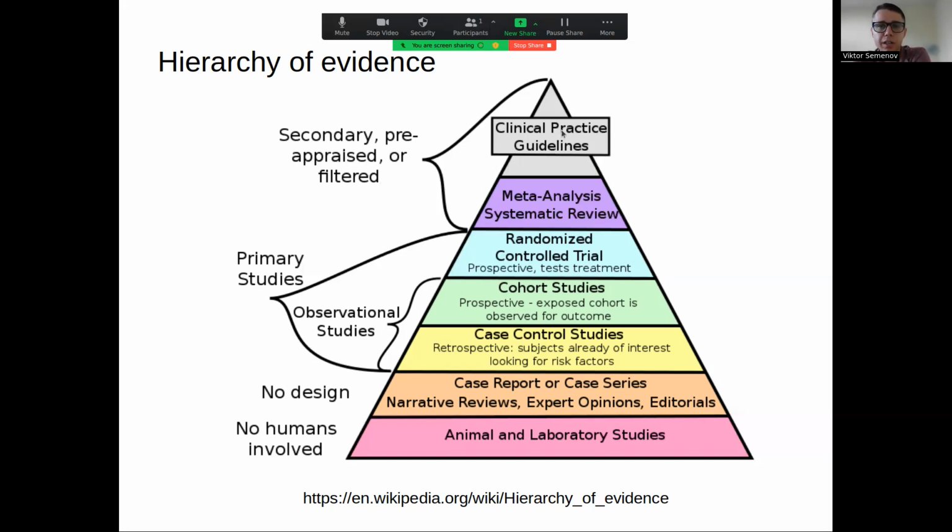So the clinical practice guideline is the top of the pyramid, which cannot be created without this extensive, long, hard groundwork, which starts from the idea formation until the idea proving or disproving.